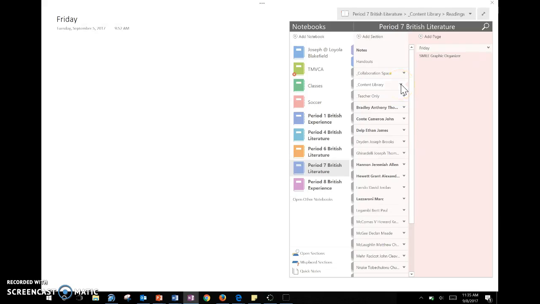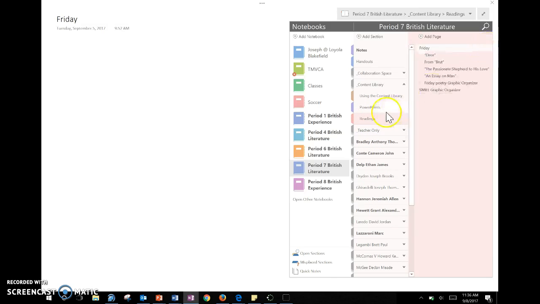What we encourage the students to do is to take the content in the content library that they desire to keep on their computer, copy it and move it over into their own individual notebooks, so that if they need to annotate the text, for instance, they can do so and not annotate for everyone else to see.